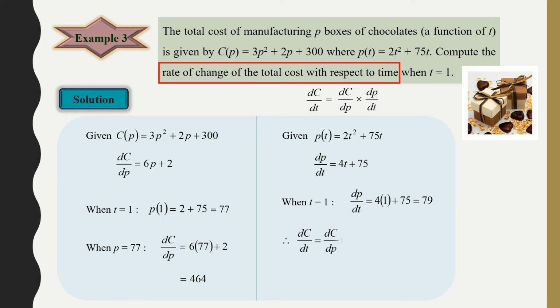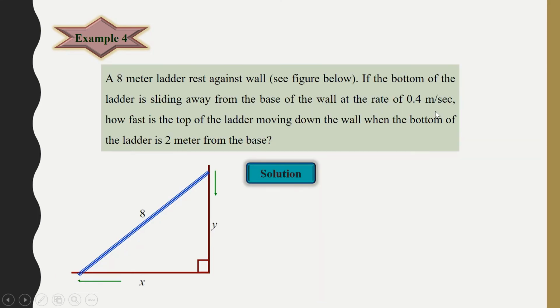Then finally, dC over dt equals dC over dp multiplied by dp over dt, which is 464 multiplied by 79. And we get dC over dt is 36,656.